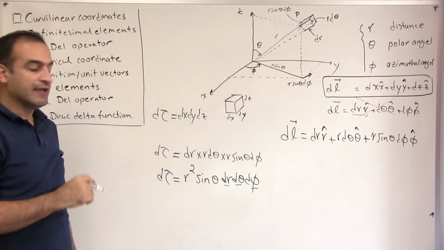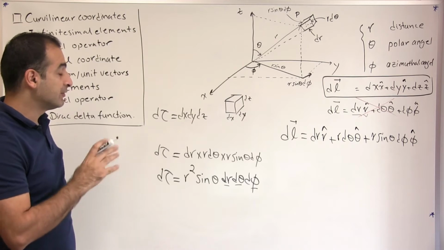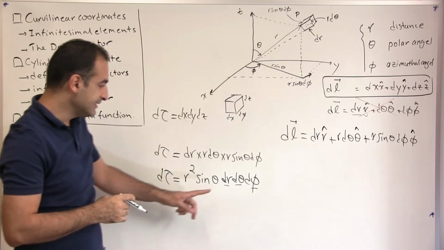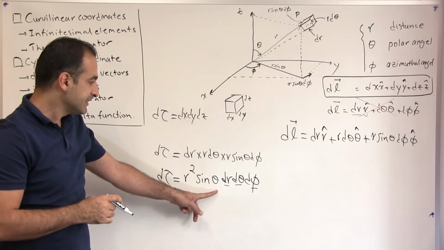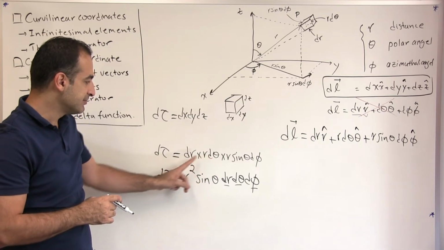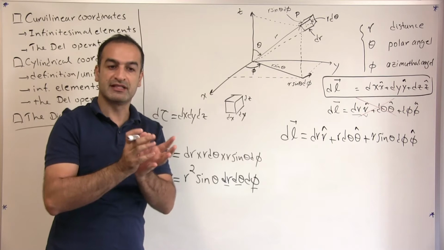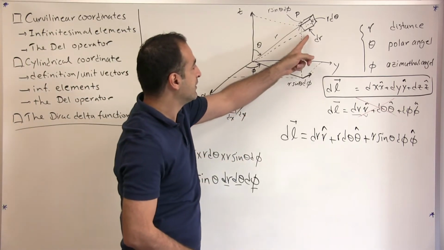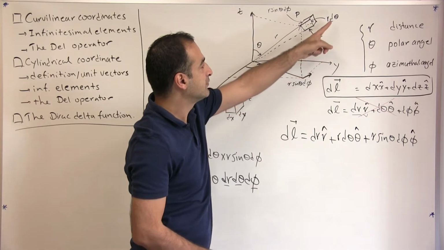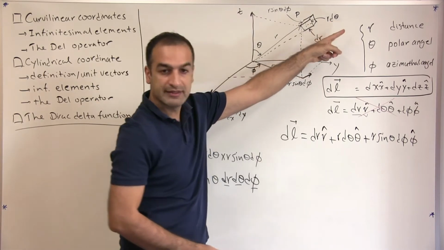If you work in polar, spherical, or cylindrical coordinates, what else you need is some prefactors that bring infinitesimal angular displacement into infinitesimal lengths. Okay, that's why here for r we only have dr, but for theta we have r d theta.